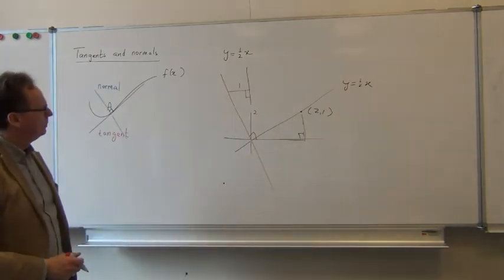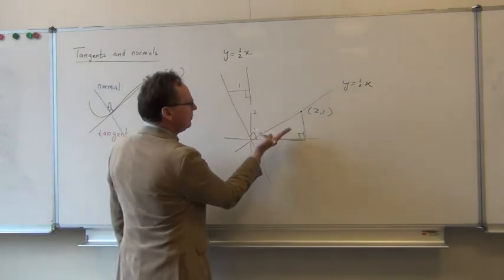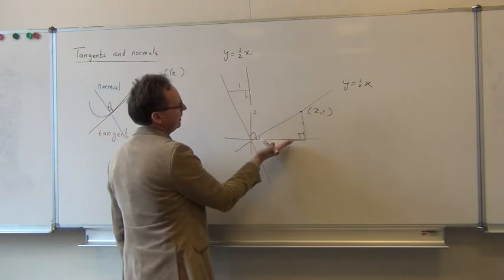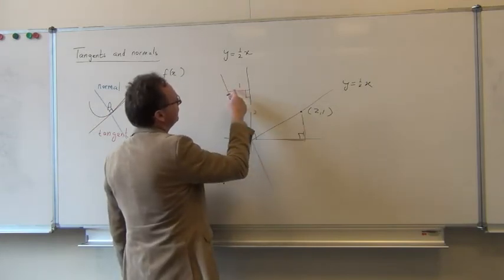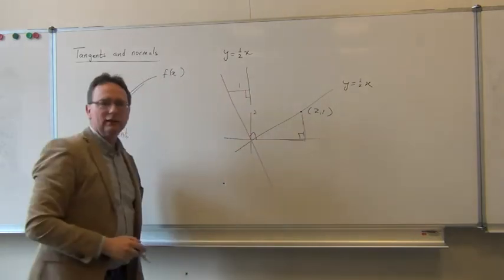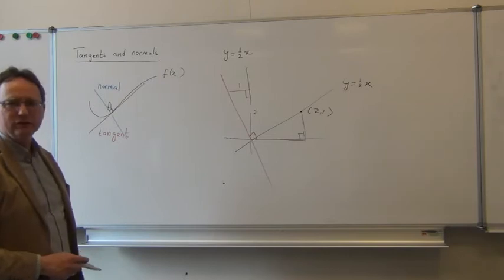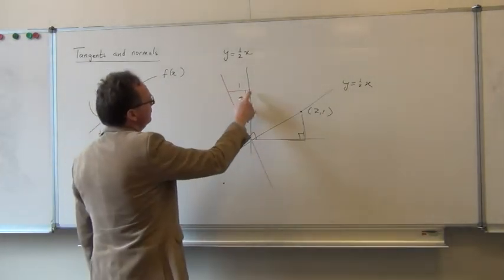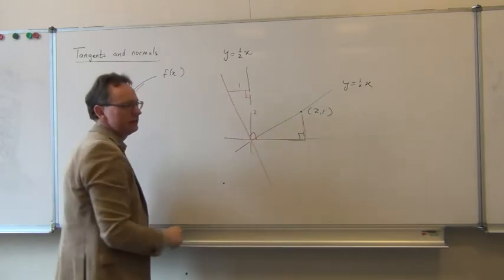My sketch is not completely accurate. But if the whole line is rotated over 90 degrees, then this triangle over there turns to a triangle over there. And then it's not very difficult to see the slope of this line that is normal. You go 1 to the side, and you go 2 down, so the slope is minus 2.